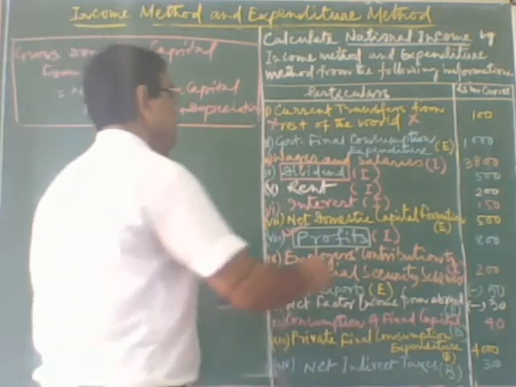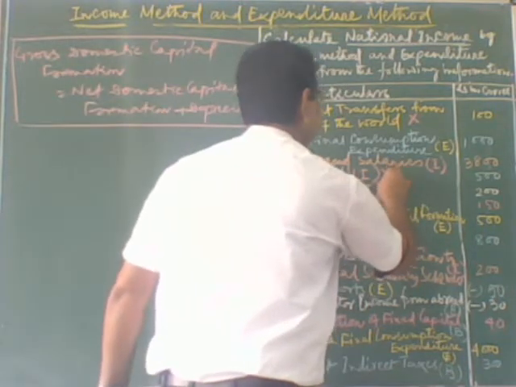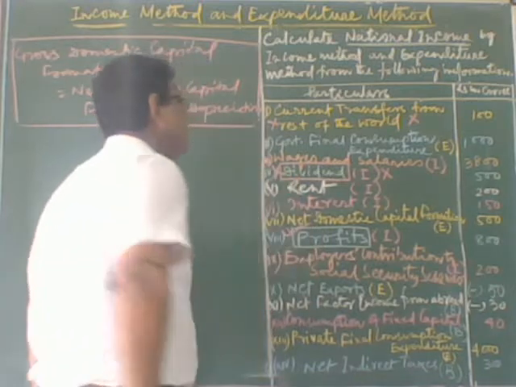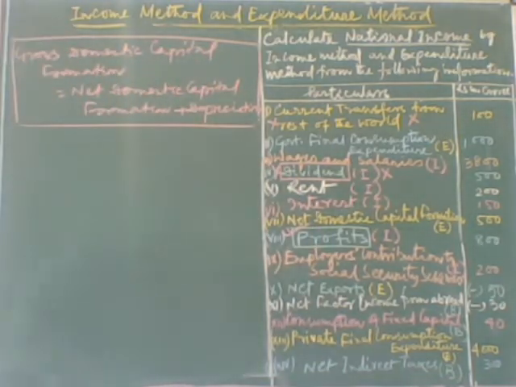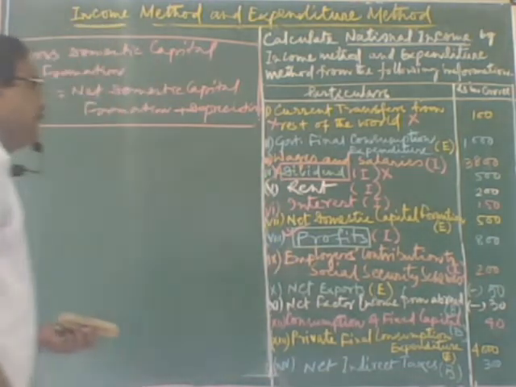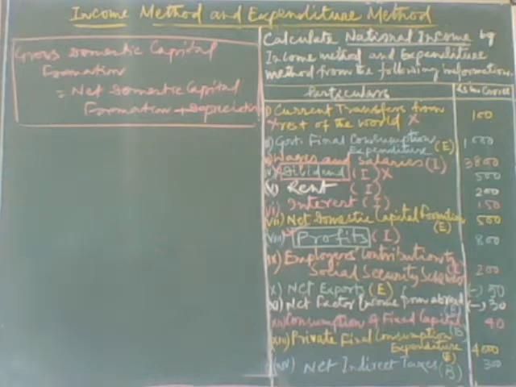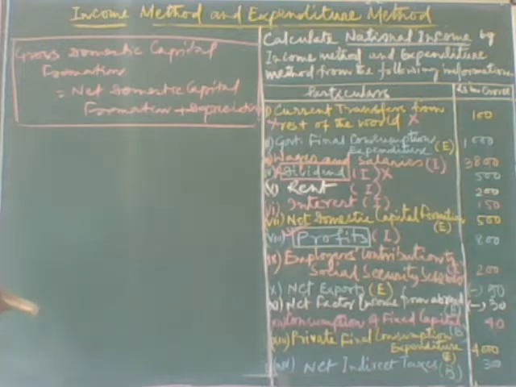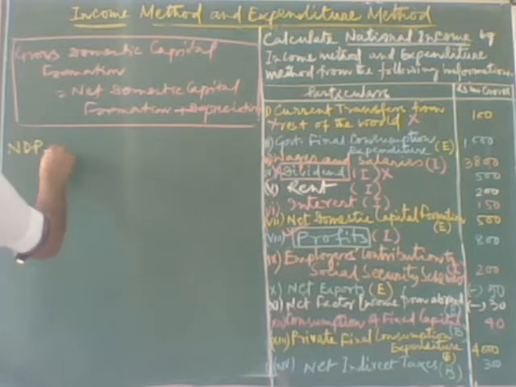At that time, the subcomponent, that is dividend, will not be considered at all. So you have to leave this component, dividend. If we add all the components of income method, then we'll get the value NDP factor cost.